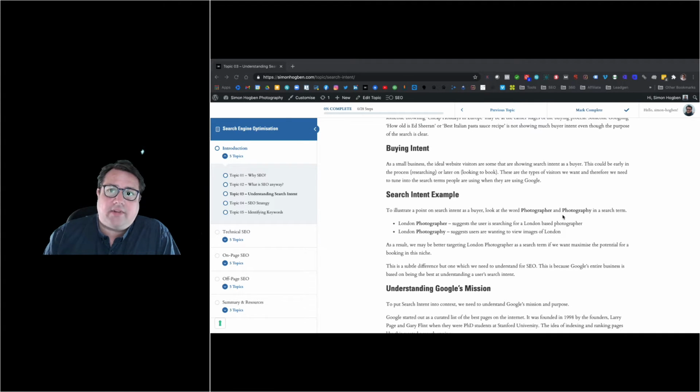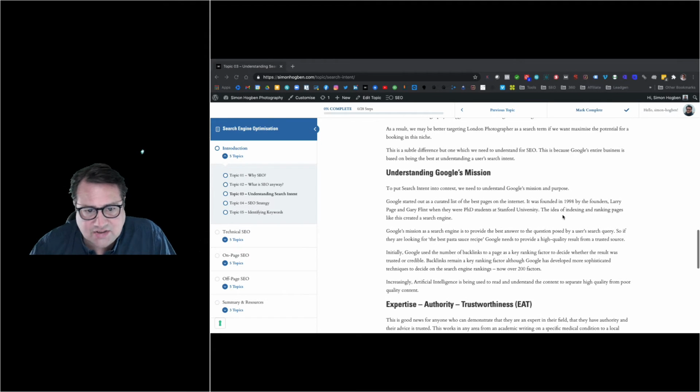I'll give you a bit of an insight into how Google works and thinks and how you need to think when you're running your SEO. And as I said, all this is down to Google's mission. That's its purpose. So when Google set up, it tried to work out what's the best way to meet search intent, and back in the day they would look at things like number of backlinks to an individual site. That's still used today, but that was a very crude method then.